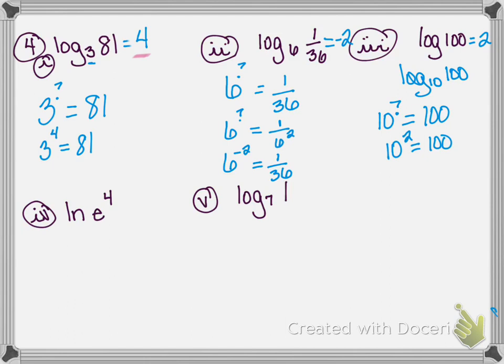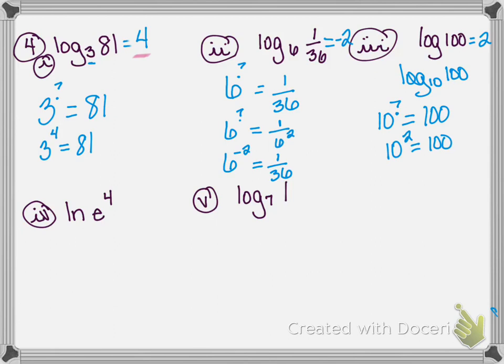Okay? Now, for the next one, we're looking at natural logs. And the natural logs always deal with e. And e is kind of a special number. It's an irrational number that's used a lot when we're in banking.